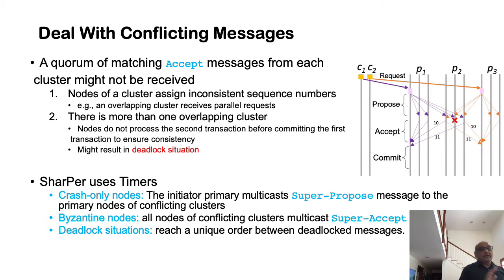Now, in the same vein, because of this reordering of messages, you could have a problem of a deadlock. I'm going to refer to the paper, but you have to time out and re-execute the protocol, and so on.